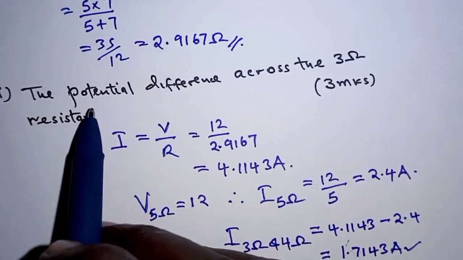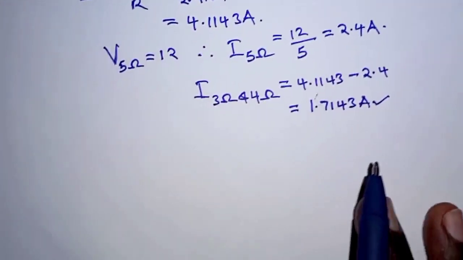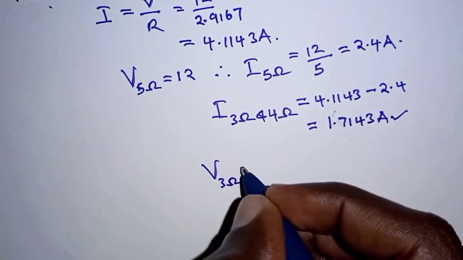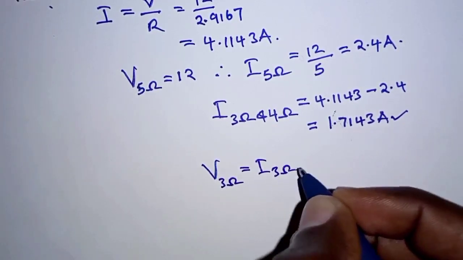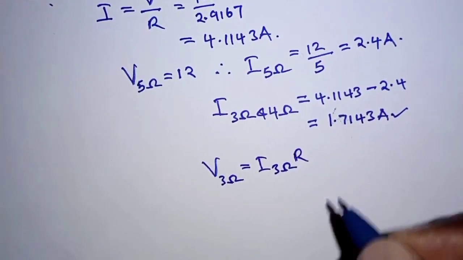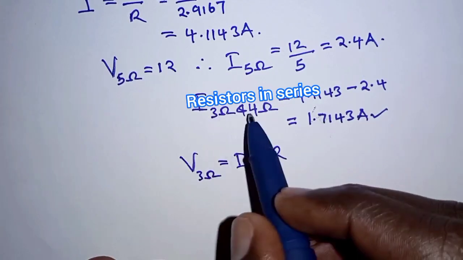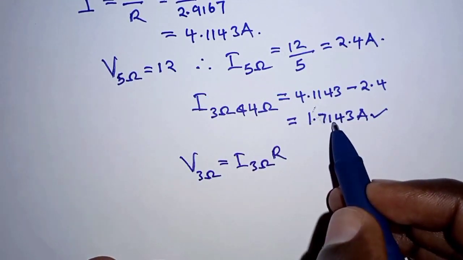Now with this, we can therefore determine the potential difference across the 3 ohm resistor. Now remember, that is what you're asked, the potential difference across the 3 ohm resistor. Now the potential difference across the 3 ohm resistor is equal to current through 3 ohm resistor times the resistance. Now remember, current through the 3 ohm resistor is the same current through 4 ohm resistor, and that is 1.7143.